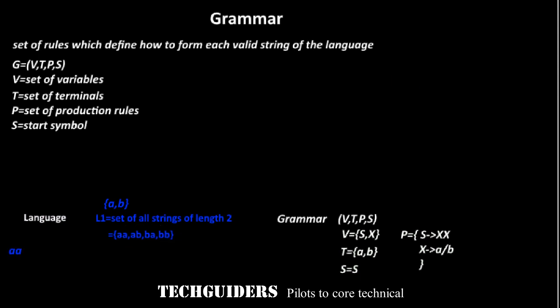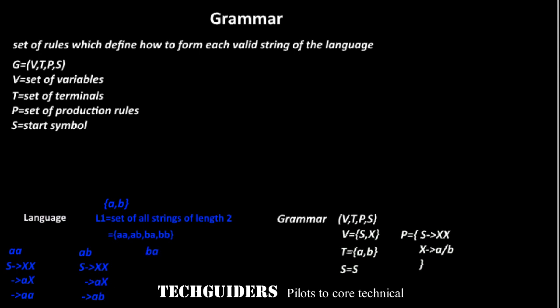So to derive aa, we can start from the start symbol. We can use the first production rule, S derives XX. We can replace the first X in the next step with a, and in the next step we can replace the next X with a, then we can derive aa. Similarly, to derive ab, start from the start symbol, S derives XX, replace X with a, then replace X with b.